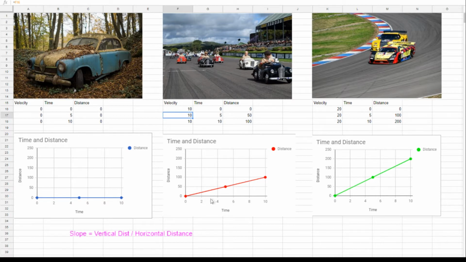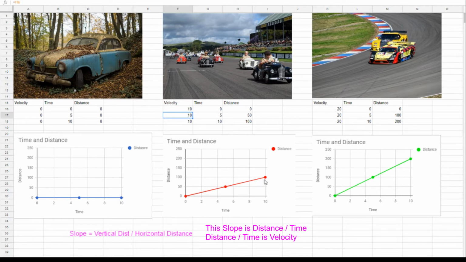As we go along the time axis, we're going a further distance because the velocity is higher. It's not all that surprising that the faster you go, the more ground you cover in a given period of time. So again, the slope of this line is telling you something about this data.